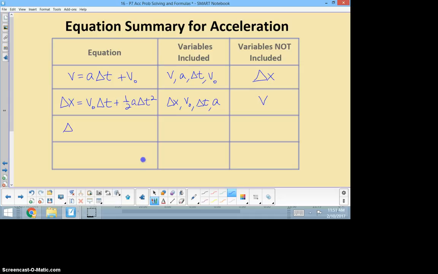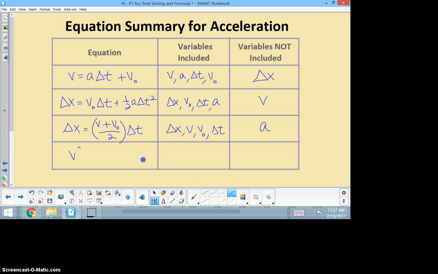We had another displacement equation, and this was (v plus v0) over 2 times t. The variables present in that were displacement, final velocity, initial velocity, and time. No mention of the actual acceleration term in that equation.